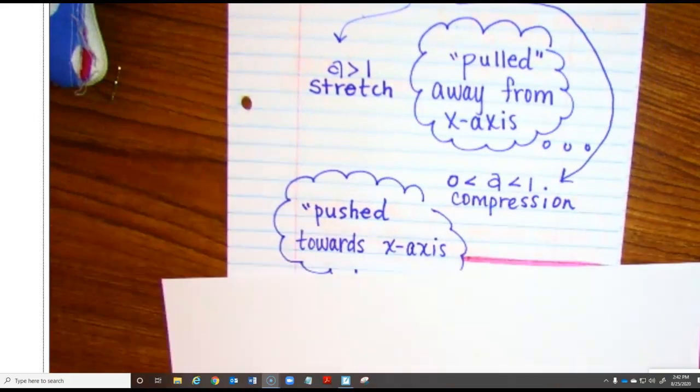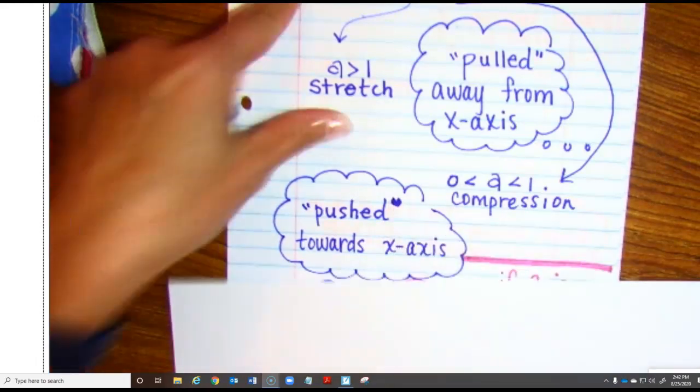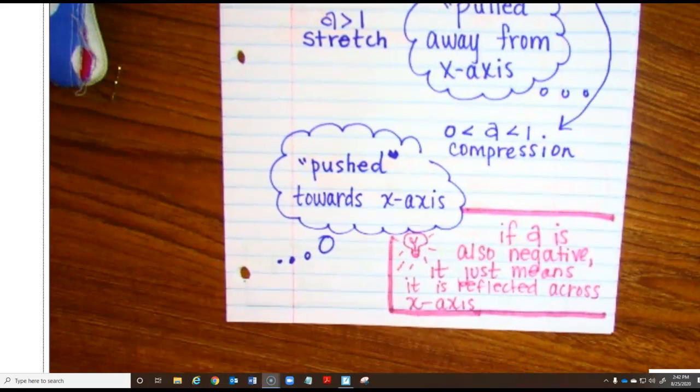And remember, that means that it is going to flatten out. And of course, your A value can be negative. Remember, that was covered in a previous video. If the A value is negative, that does not have any effect on a compression or a stretch. It just means that it is reflected across the y-axis.